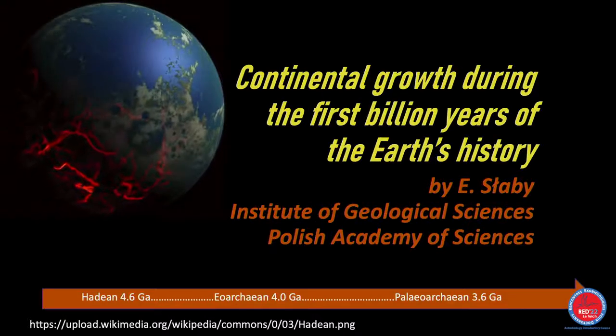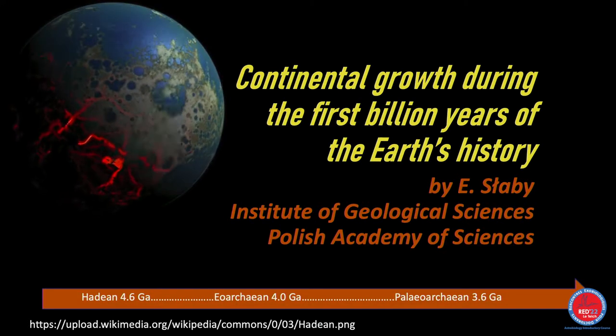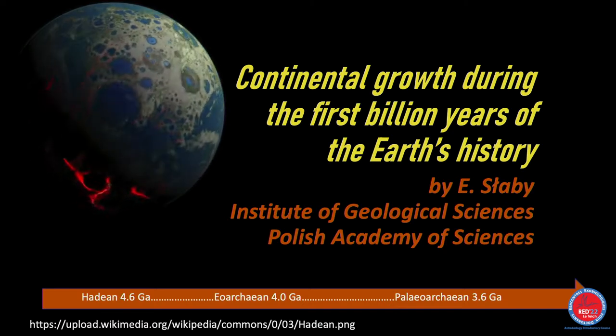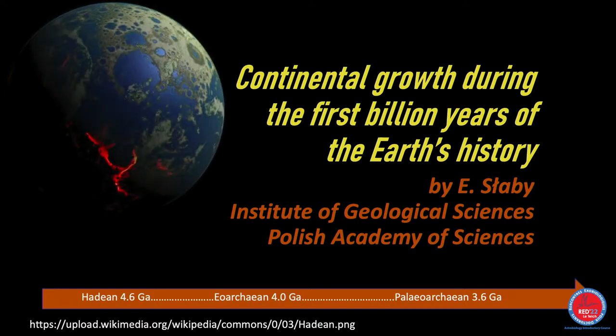If you look at the geological time scale, the early Earth, so the first billion years of its development, comprises the whole Hadean eon, starting 4.6 billion years ago, the Eoarchean eon, starting 4 billion years ago, and partly the Paleoarchean, starting 3.6 billion years ago.